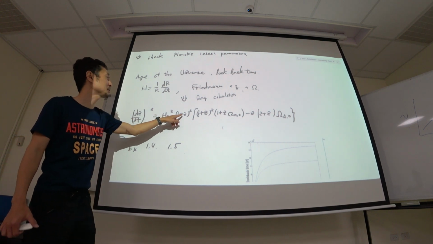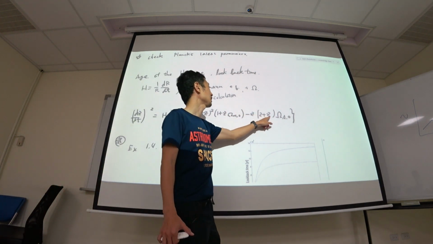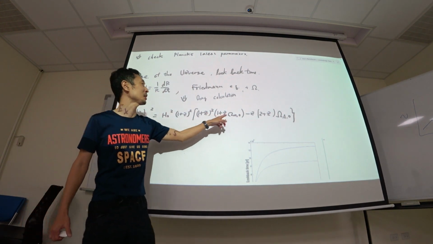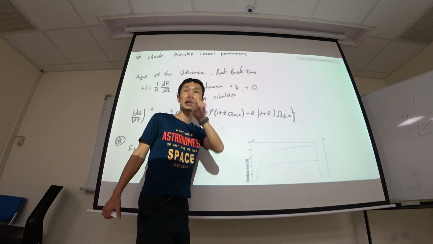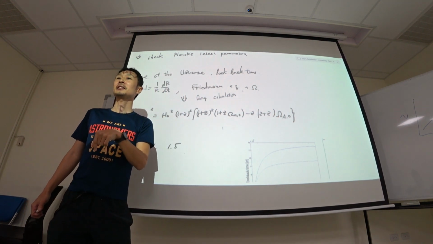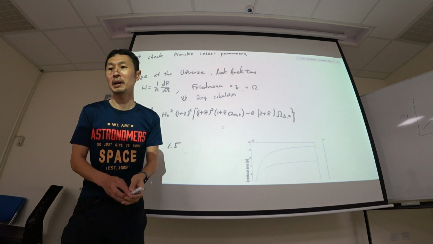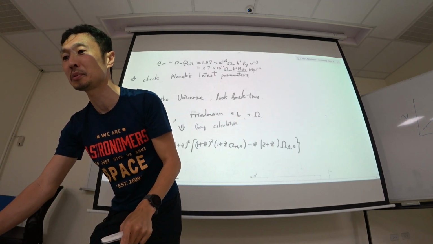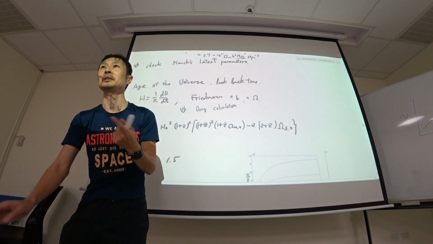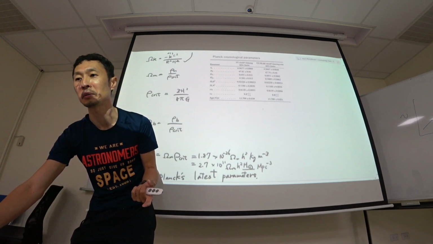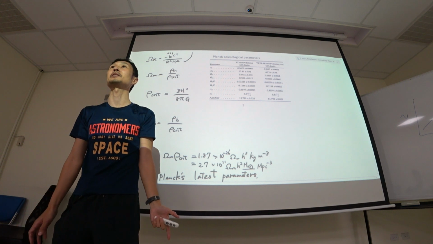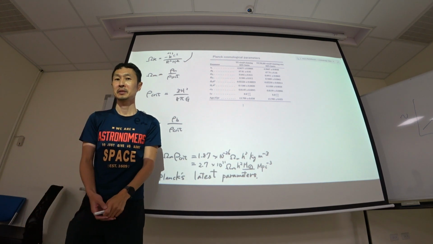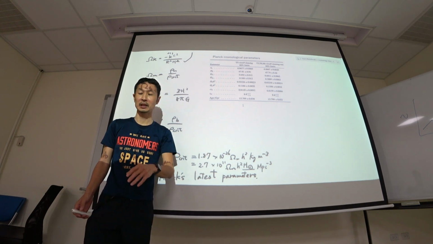You can do that because z is here and these are parameters. Once you decide these parameters, for example from the Planck satellite like this, you put them in and do the integration, and then you get the age of the universe, this 13.8 gigayears. That's the current estimate of the age of the universe.